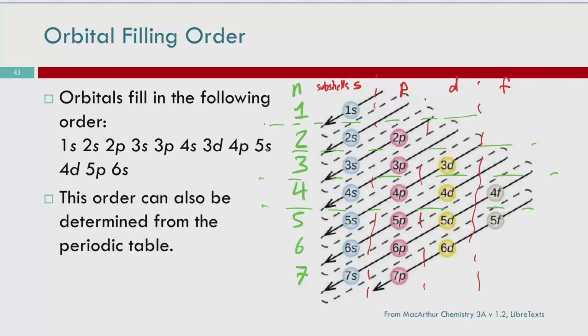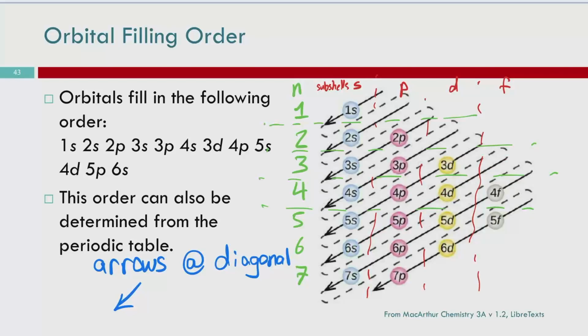And then the way that we cut this, the arrows, the path that we're following, are at a diagonal down and to the left. So we're starting in the upper right corner. We cut through our 1s, we cut through our 2s, 2p, 3s, 3p, 4s, 3d, 4p, 5s, 4d, 5p, 6s, and so on and so forth.